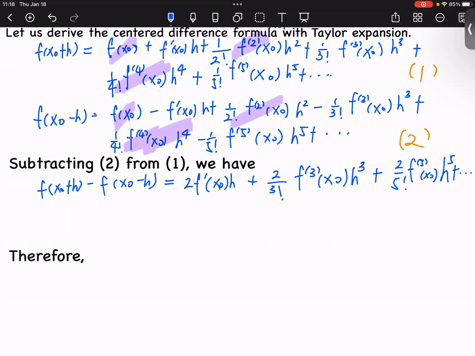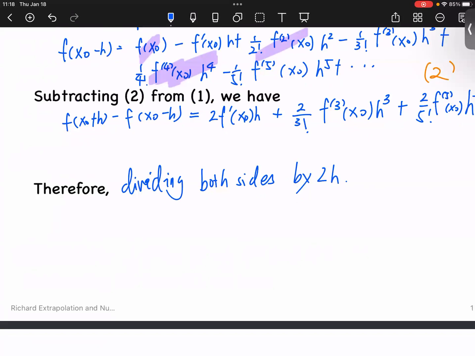So now let us divide both sides by 2h. Dividing both sides by 2h, and then we got this. I'm moving the f prime(x0) to the left-hand side, and then moving all the other terms to one side.